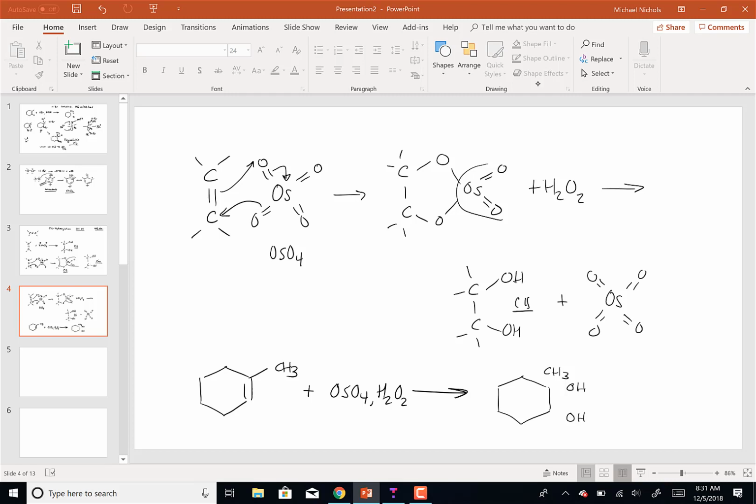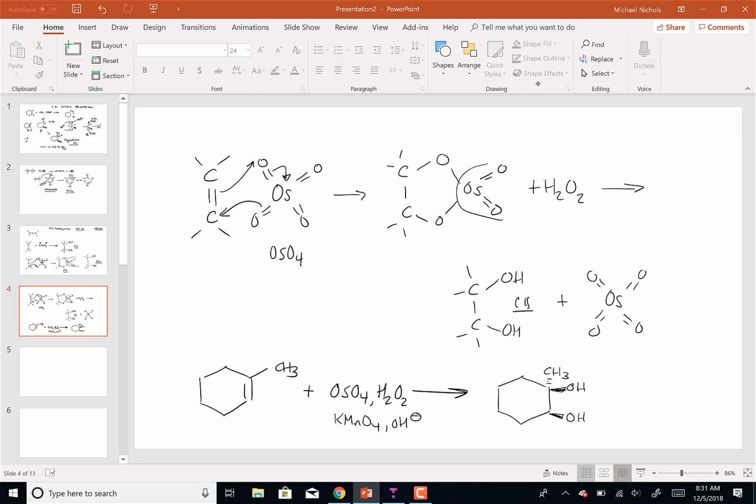So 2 OHs. How do we add them? Cis. So they both get bold, or they both get dashed wedges, and then the CH3 gets the opposite wedge. So this would be the case whether it was osmium tetroxide or KMnO4. Actually, you know what I forgot on the KMnO4?